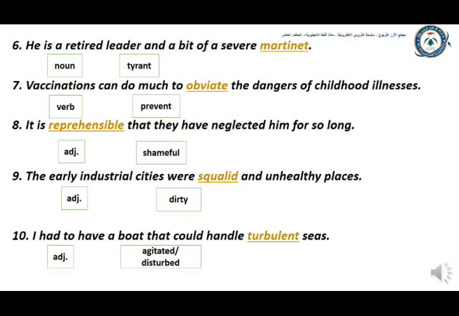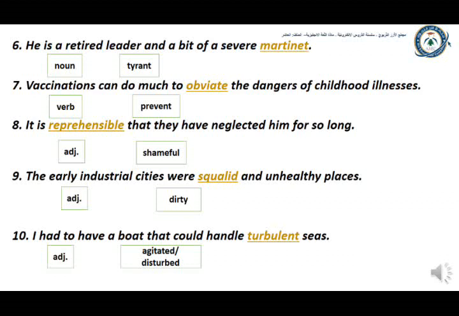What's the part of speech of the word reprehensible? Reprehensible is an adjective. It's reprehensible that they have neglected him for so long. They did not care about him. And this is a reprehensible behavior. This is a shameful behavior. So reprehensible means shameful.